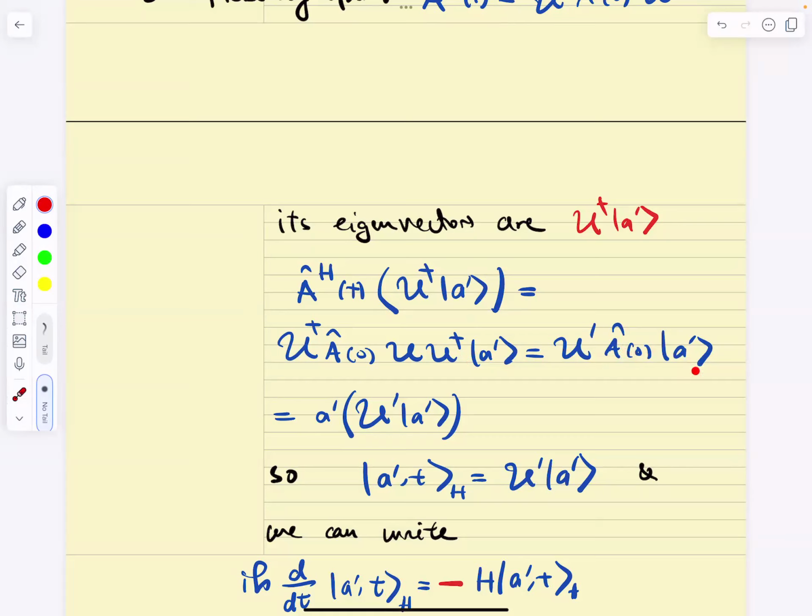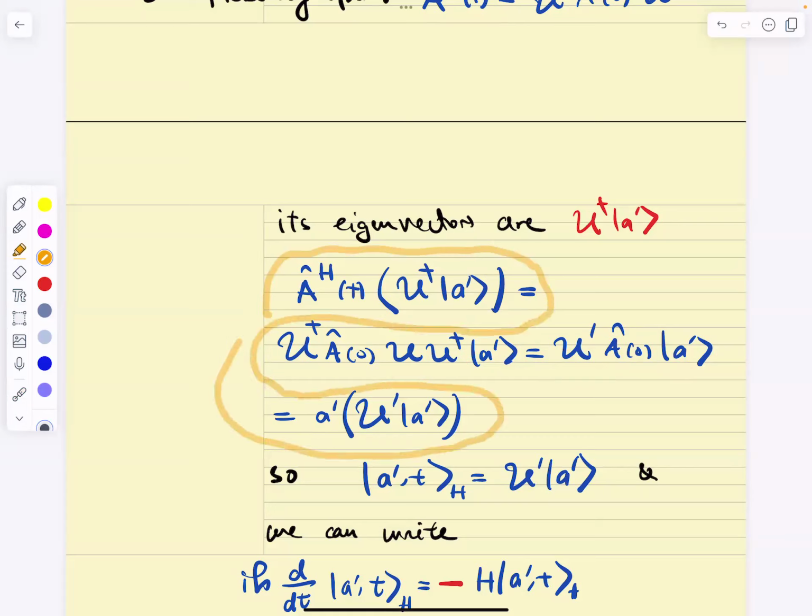A prime is a number, you bring it out, and you end up with this equation, which proves my point. U dagger A prime is an eigenvector of the Heisenberg operator. Was this fast? Any questions about this?